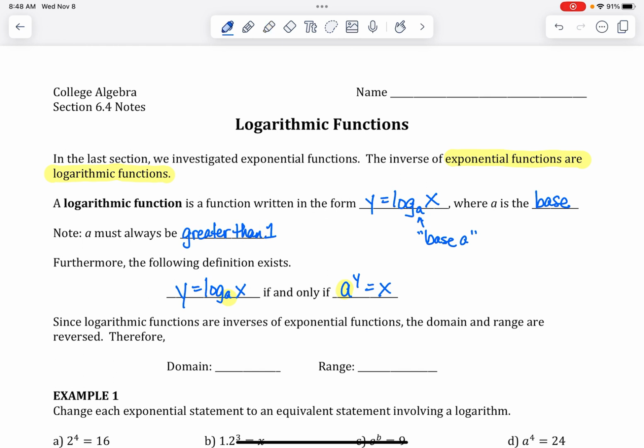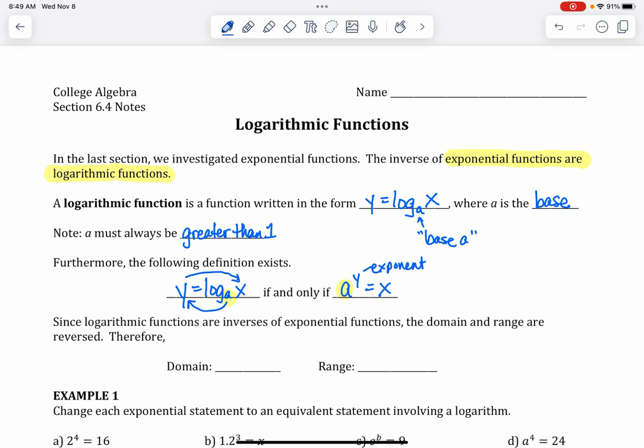You can think of this almost as a loop. The base a is raised to the y power, so y is defined as an exponent, and that's going to equal x. Keep in mind y is always the exponent when it's written this way, okay? So that's the first skill you have to make sure you understand: can you convert from log form to exponential form?